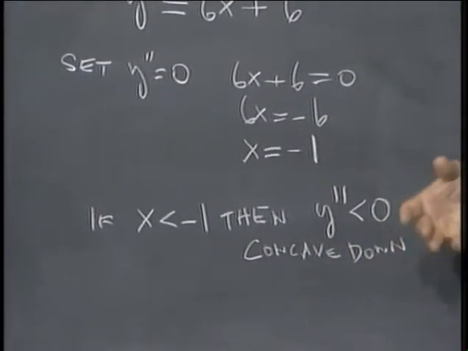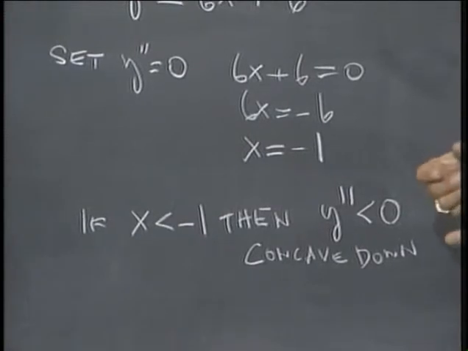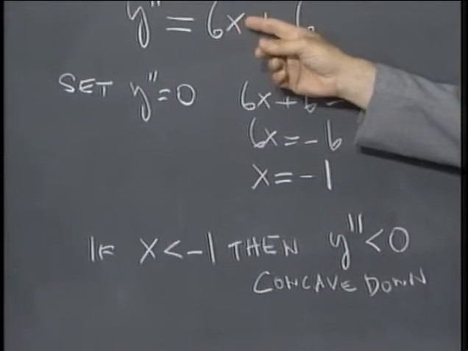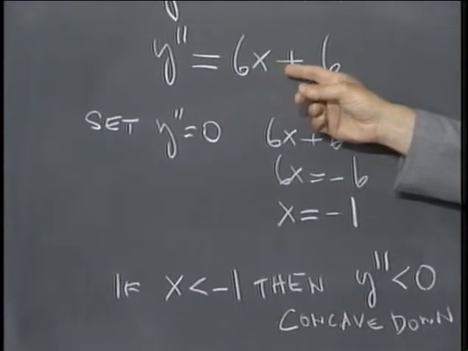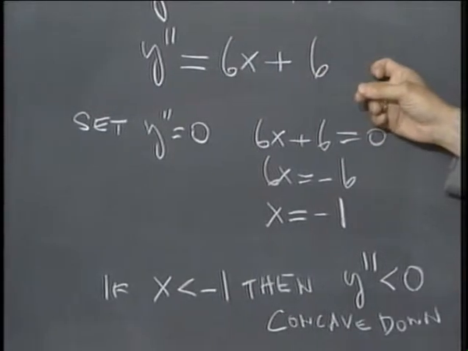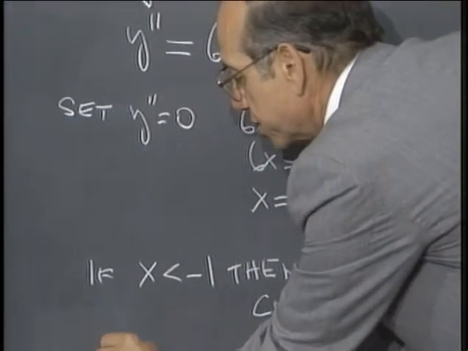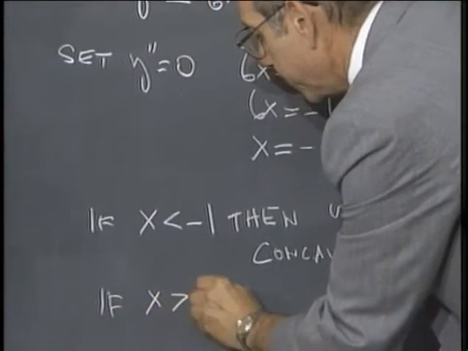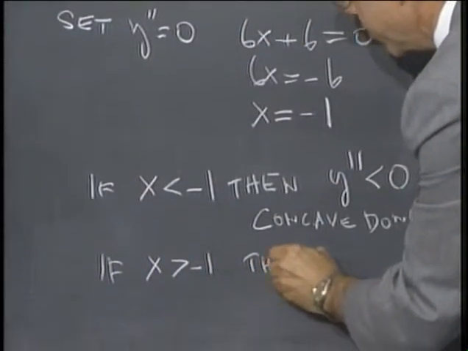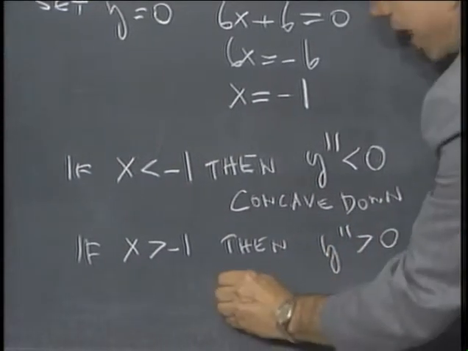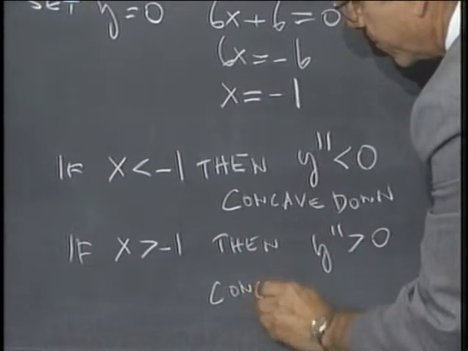Of course, if x is greater than minus 1, that means x is something like minus a half or 0 or 1 or 2. If you take 6 times that, you're going to get a number that's larger than minus 6, and when you add 6 to it, the result will have to be positive. So if x is greater than minus 1, then y double prime is greater than 0, and the curve is concave up.